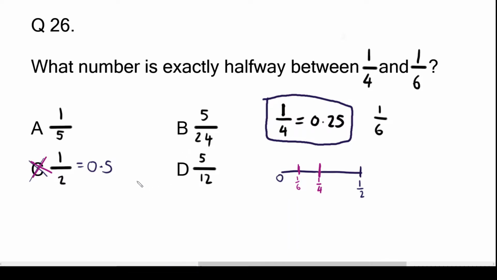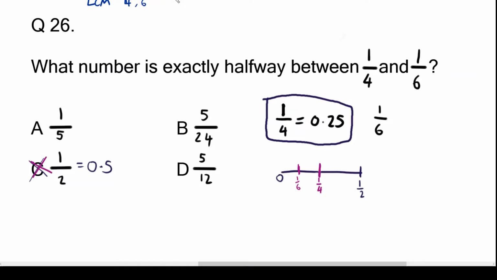Now, let's look for the lowest common multiple of 4 and 6. Because I want to do some fraction work, I need to change these denominators so they're the same denominator, so I can easily add and subtract them.